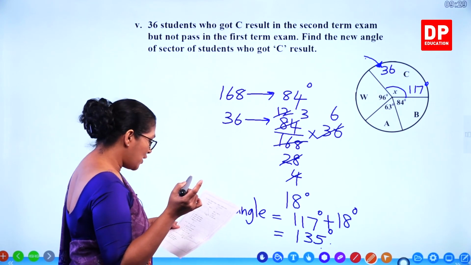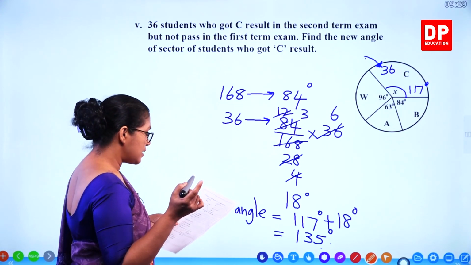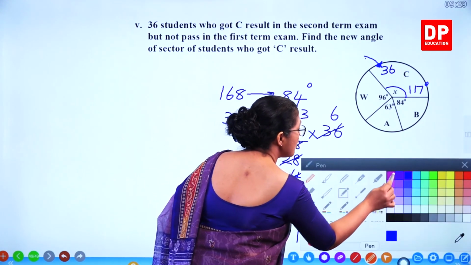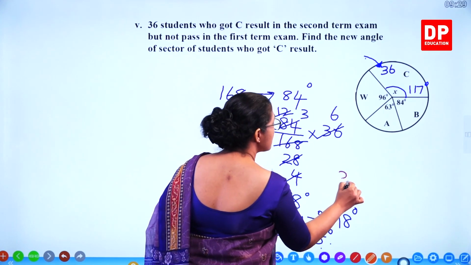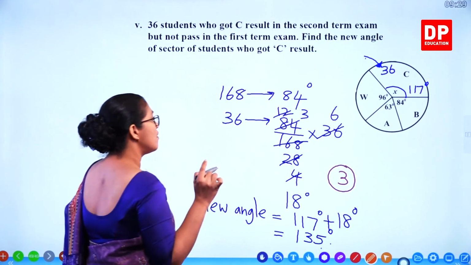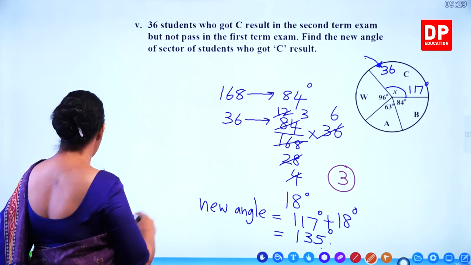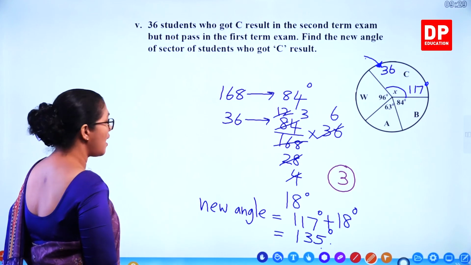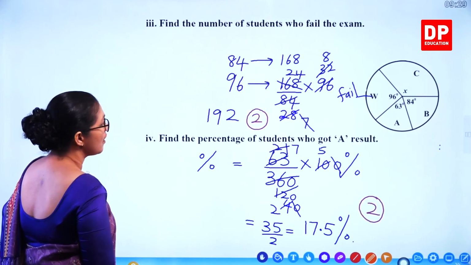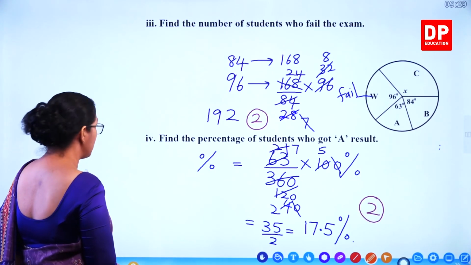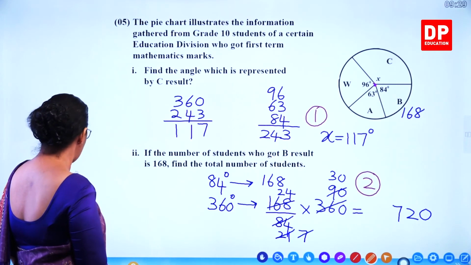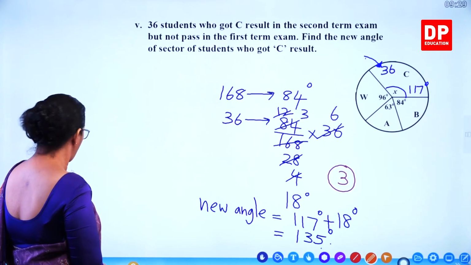So how many marks for this step? You get 3 marks for that. So that's the last part for the last question. That's 3. So we'll see whether 10 marks are there. 3, 4, 5, 6, 7, 8, 9, 10. So 10 marks for the whole question.